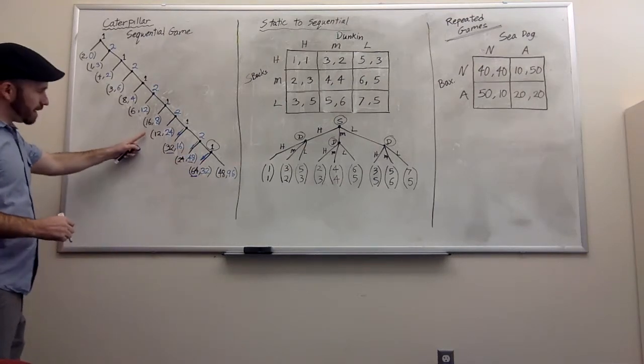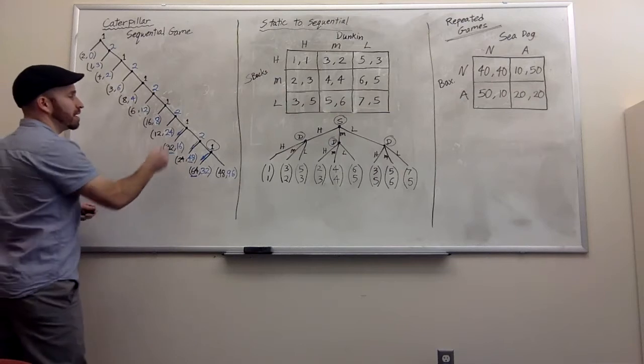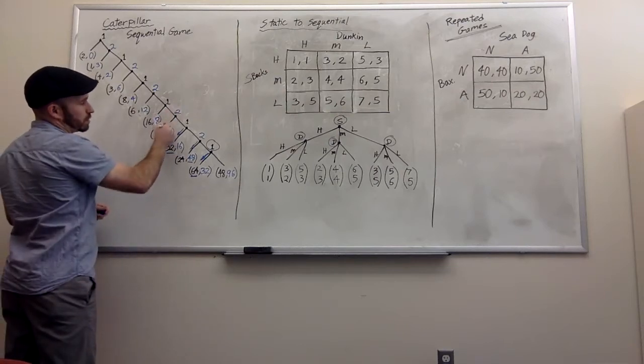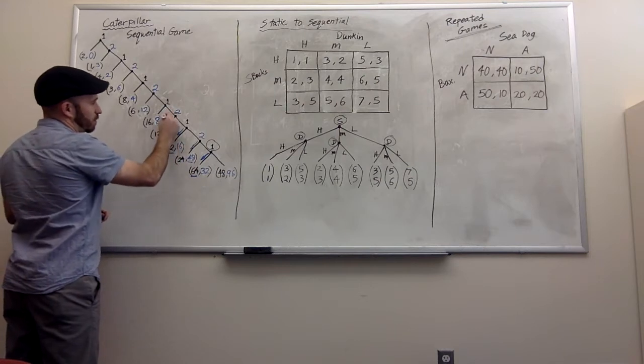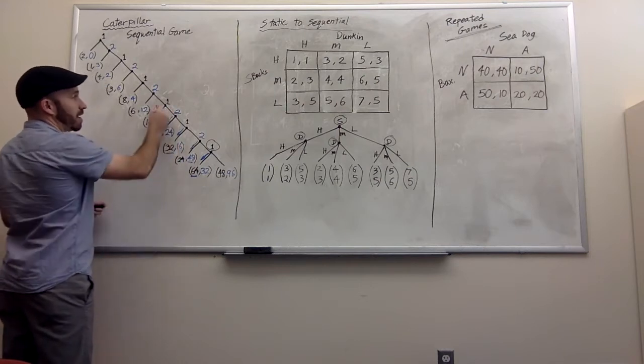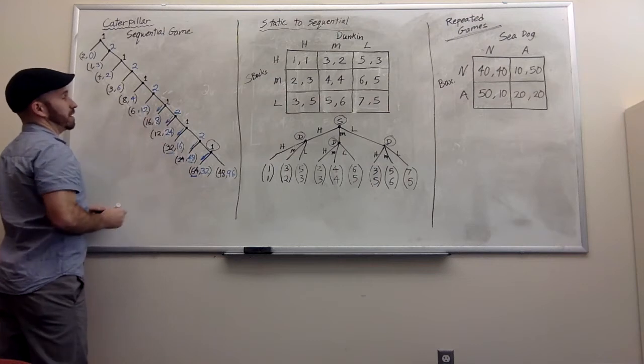Now going back to the next smallest game, again, player two knows that they're choosing between 24 or 16 in the next round, and so player two ends the game then. And player one would choose to end the game here.